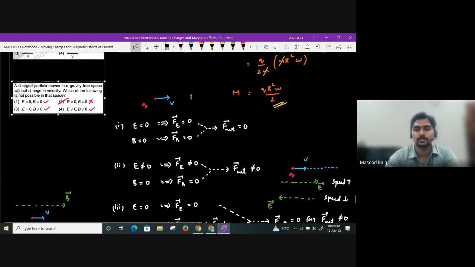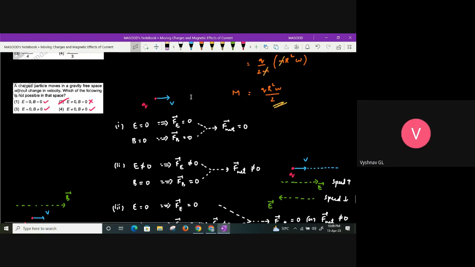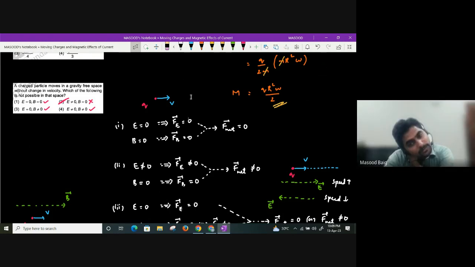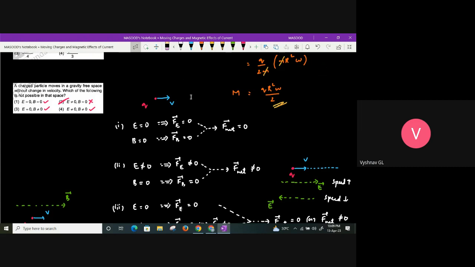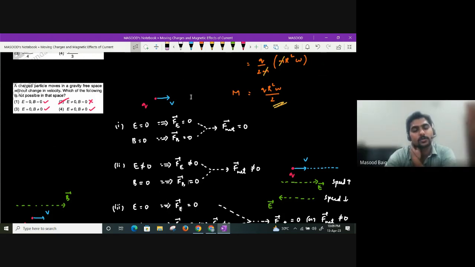Yes or no, guys? So when magnetic force is equal to 0 and electric field is there, would it perform a parabolic motion instead of a straight line? It can perform. Again, if electric force is perpendicular to velocity, it will follow parabolic. But if electric force is in the direction of velocity, it will follow straight line motion only.